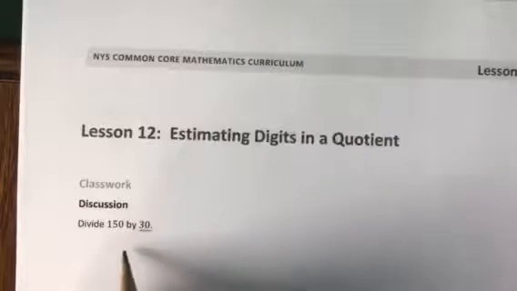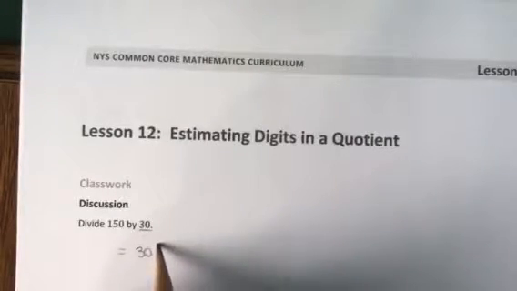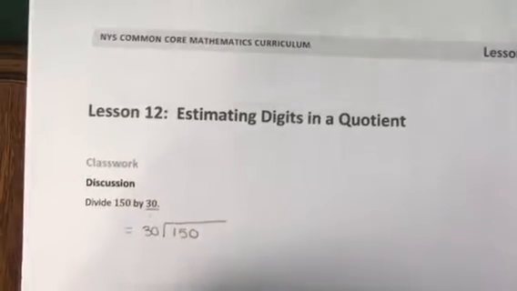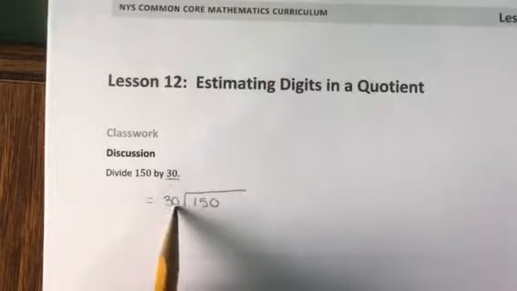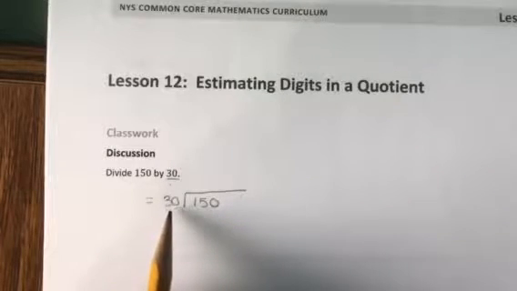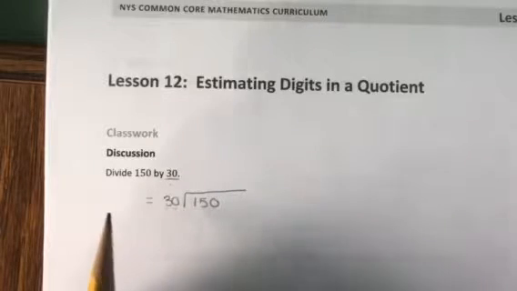Okay, so let's start out by writing it. 150 divided by 30. I'm currently in a double-digit division situation, so I need to find a way to make 30 into a single digit.